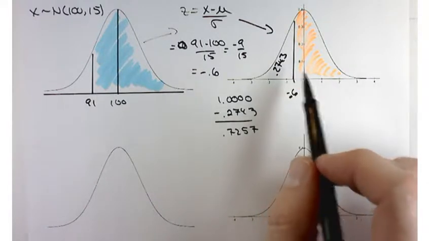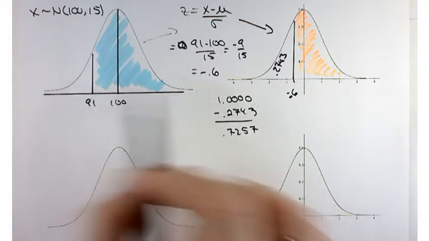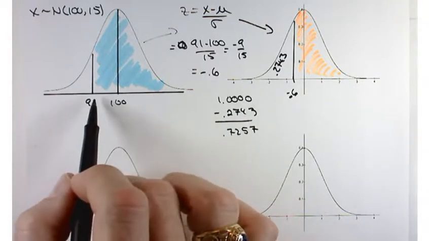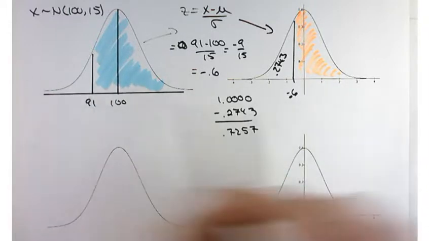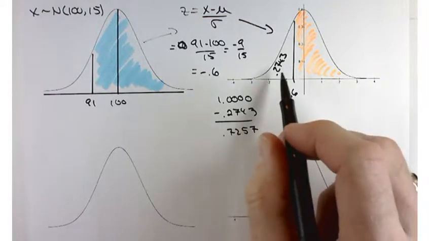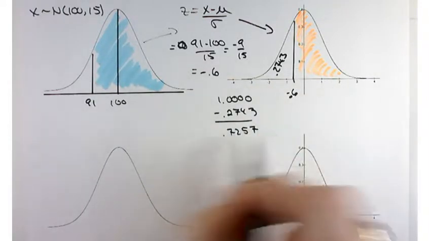You should be able to tell me that's wrong because you know that this probability has to be greater than 0.5. This number is to the left of the mean, and you want the area to the right of it. I'm hoping that you can engage in a little critical thinking to reflect on your answer and go, wait a minute, that doesn't look right. This area has to be bigger than a half. Oh yeah, I have to subtract from 1.